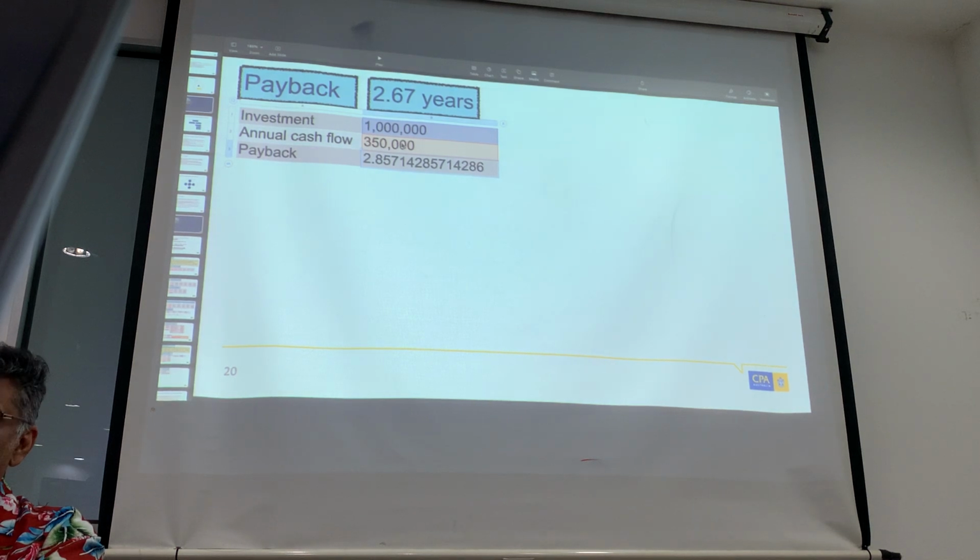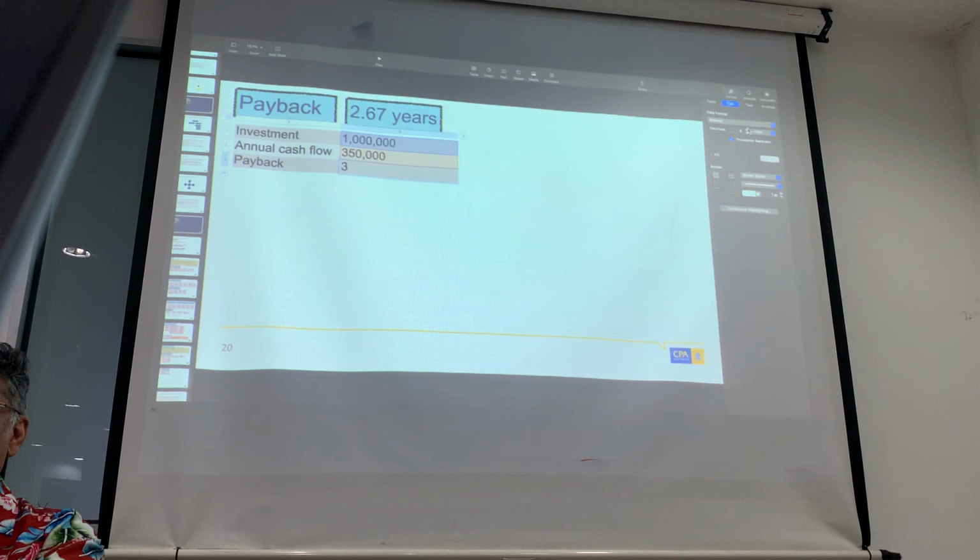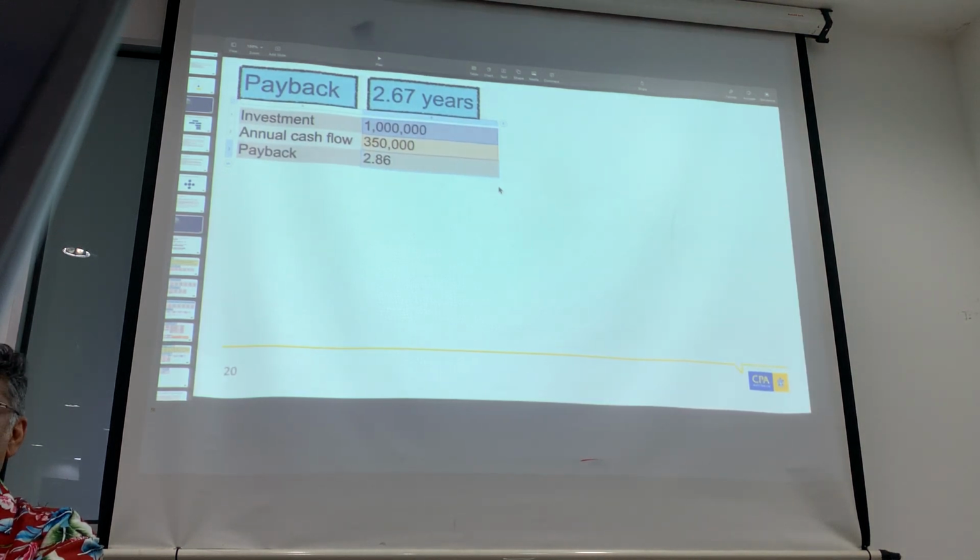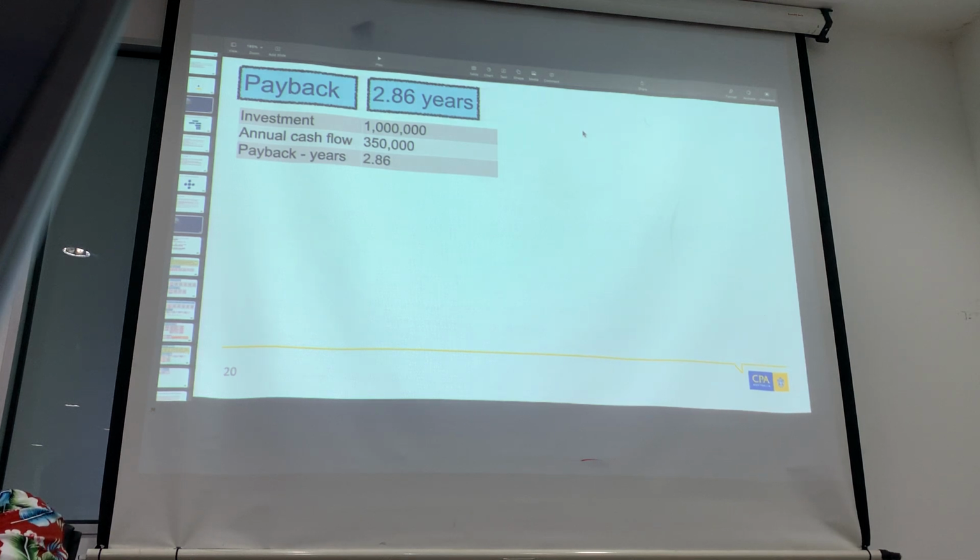Are you okay? I mean, you did the normal way, so you got the same answer, right? 2.86 years. Are you okay? So here's a shortcut. Got it? The shortcut works if the cash flow is the same. You must know when to use shortcuts and when you cannot use shortcuts.